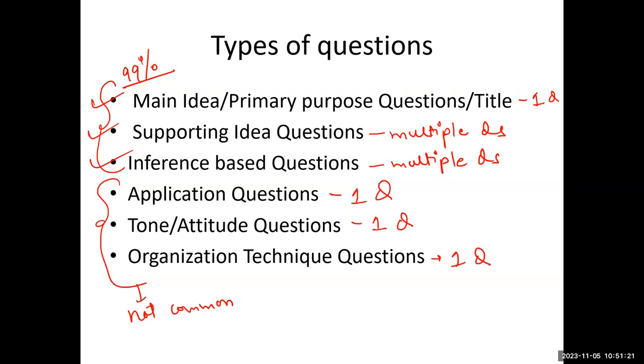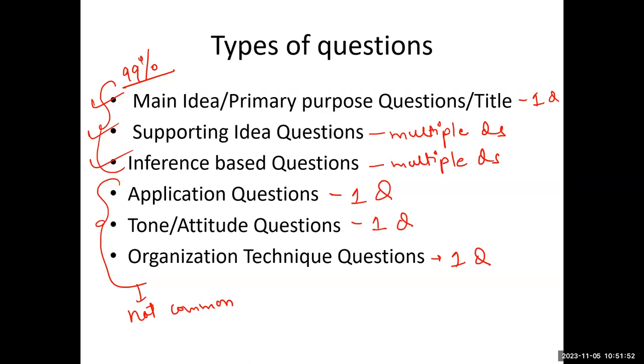So can there be no question from the list of last 3 topics? Yes. Majority of the passages will not have questions based on the last 3. I told you they're not very common. Now and then, let's say there are 6 or 7 passages, one of them will have one question on organization technique, or one of them can have one question on tone.